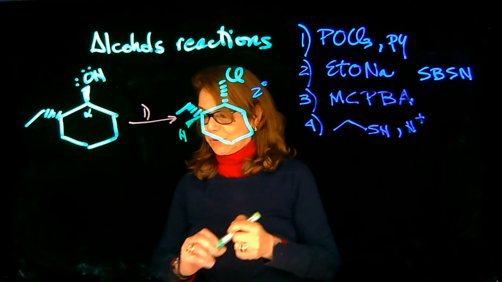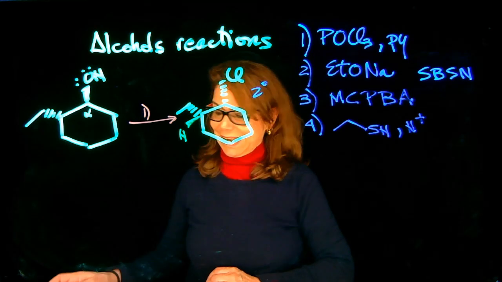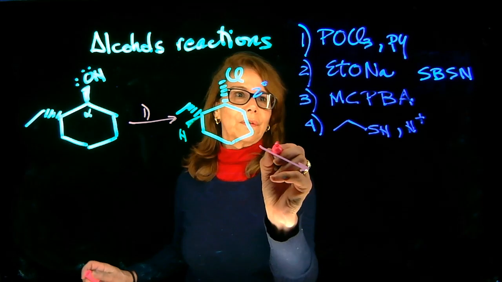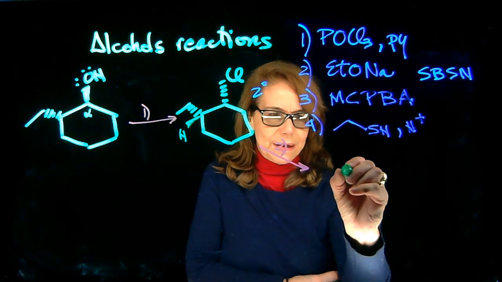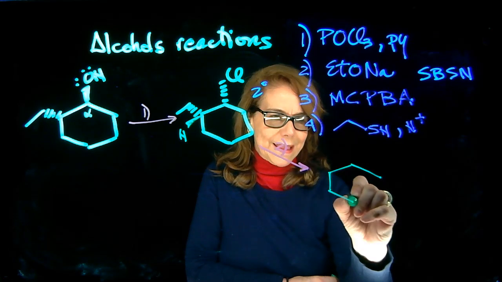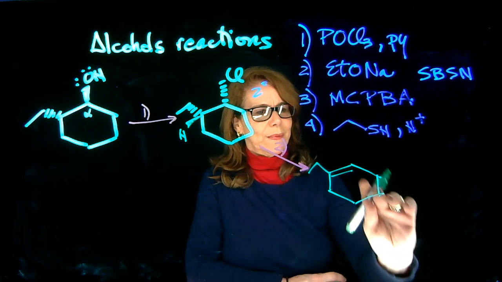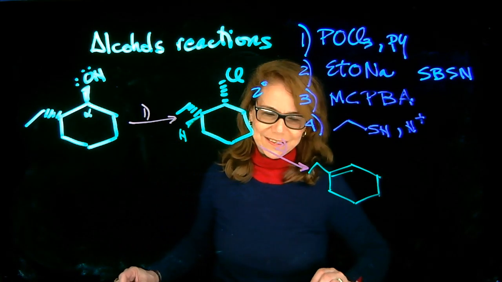So the E2 can happen to this side and give us the more substituted alkene. So let's do that. So after reaction 2, I am going to have the following alkene. So we have done that in different ways in other problems.